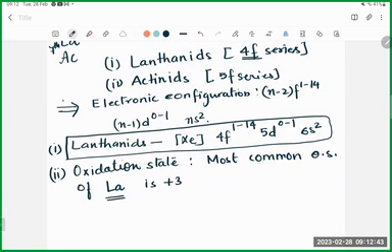When we write lanthanoid, we take the complete series in the form of Ln. This is how we represent the abbreviated form of the series. So for lanthanoids, the most common oxidation state is +3.